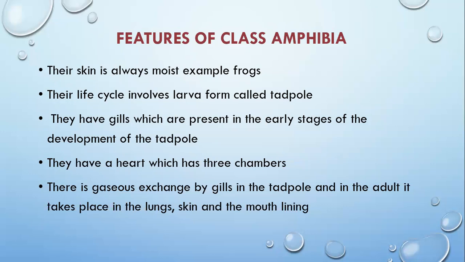Third, gills are present in the early stages of development of the tadpole. The tadpole has a heart with fewer chambers. The other characteristic is gaseous exchange, which is through the gills in the tadpole, and in the adult it takes place in the lungs, skin, and the mouth lining. Those are the sites where gaseous exchange takes place in amphibians.